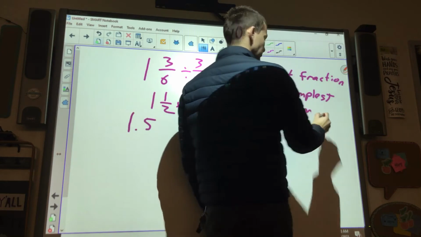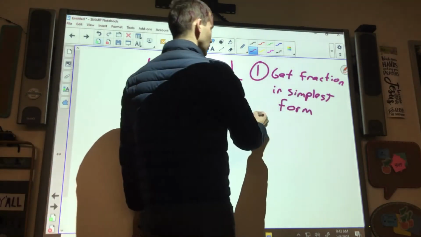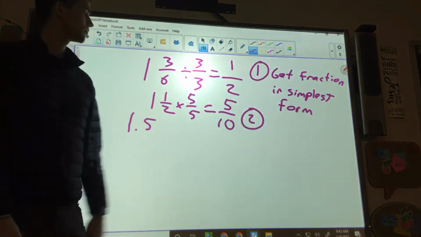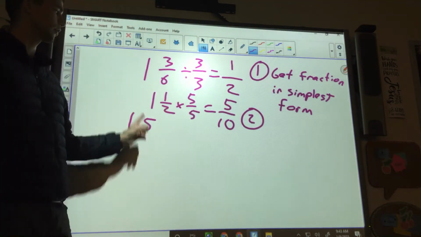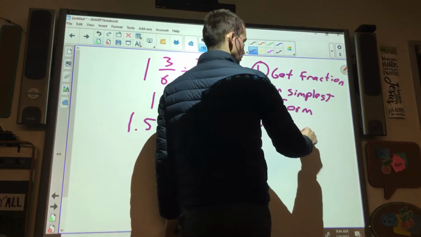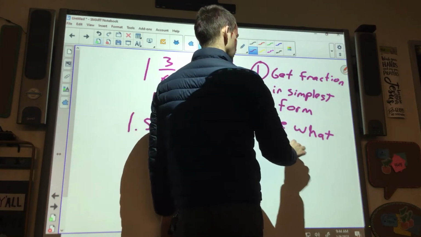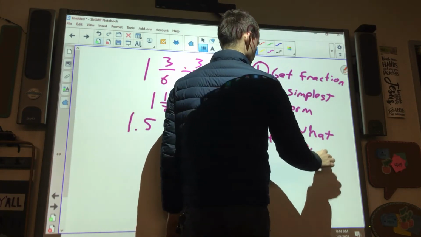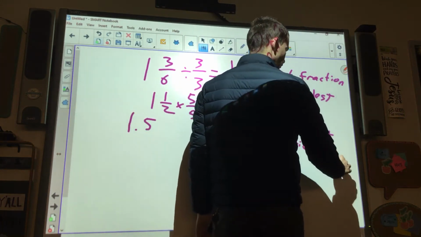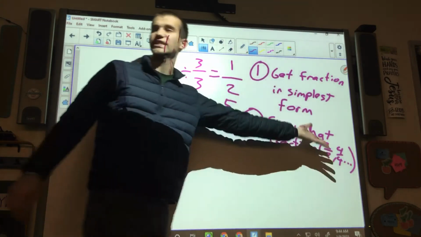If you like steps, so that you can just follow the steps and make them work every time, I'd be writing these down. Step 1, get the fraction in simplest form. Step 2, see what fraction, for example, 2 over 2, 4 over 4, etc., anything else.